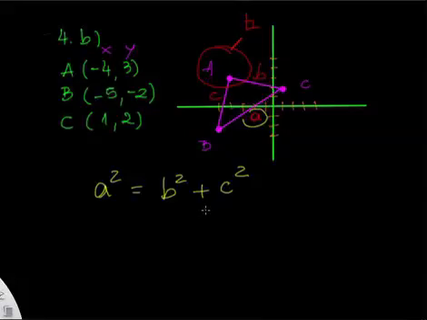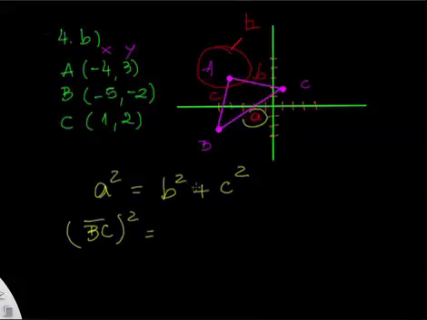But here we are talking about magnitudes. The magnitude that we're looking at is the distance between the points. So what would be the value for a? Well, it will be simply the distance between the points B and C, and that should be squared.